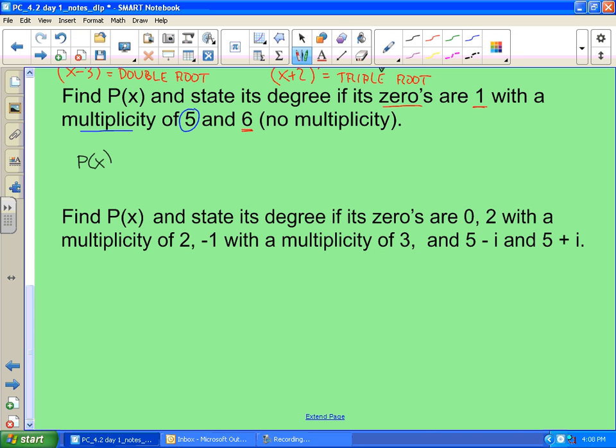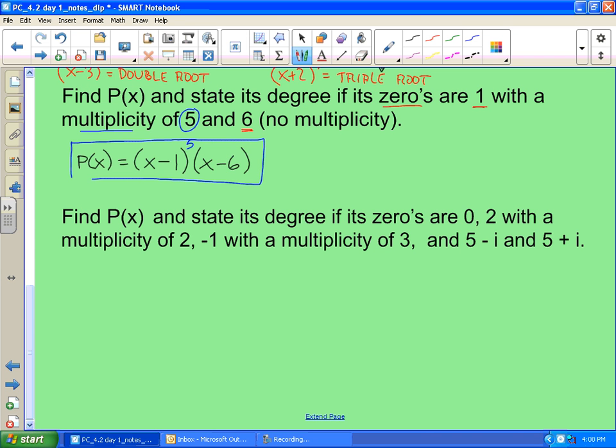Once we know what our zeros are, I know I have x minus those values. So x minus 1 and x minus 6. Now we just put in the powers associated with our multiplicity. So 1 had a multiplicity of 5. And 6 has no multiplicity, which means I don't put anything there power-wise. And I end up with this.